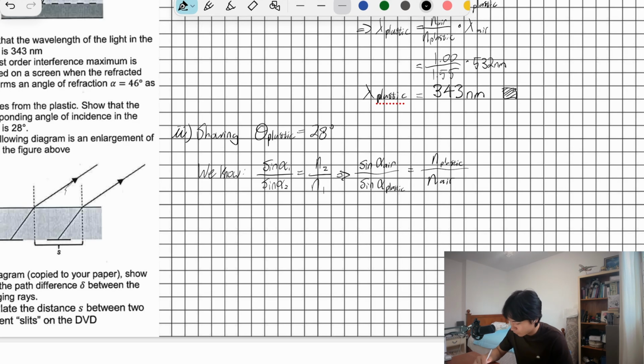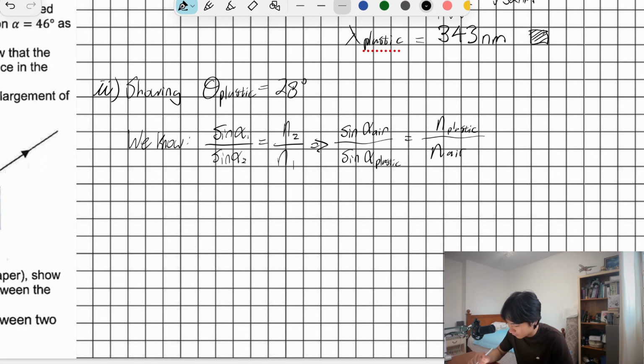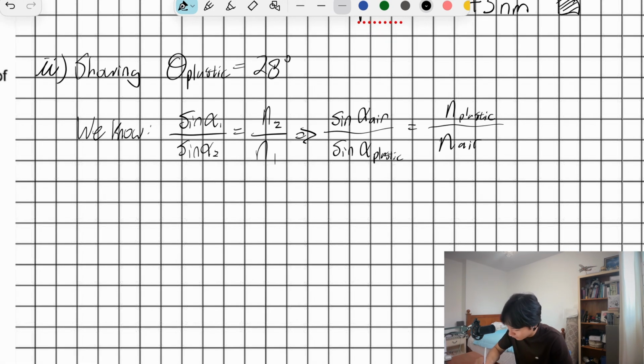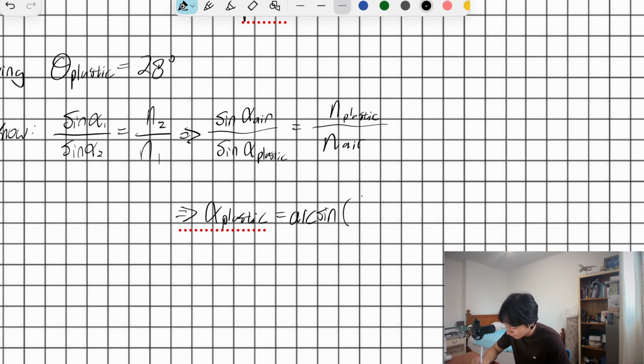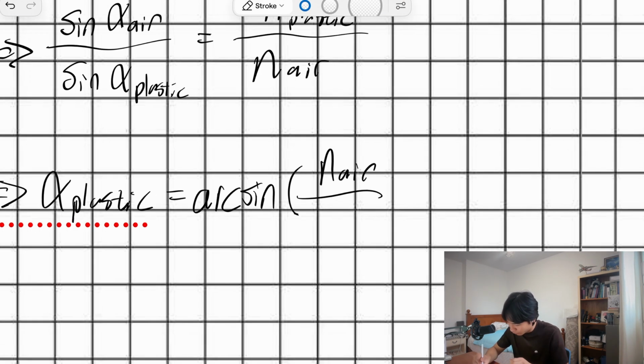We're trying to find the angle in plastic, which is 28 degrees. So with simple algebraic manipulation, we can say alpha plastic must equal arcsine of n air over n plastic. Okay, let me improve my handwriting.